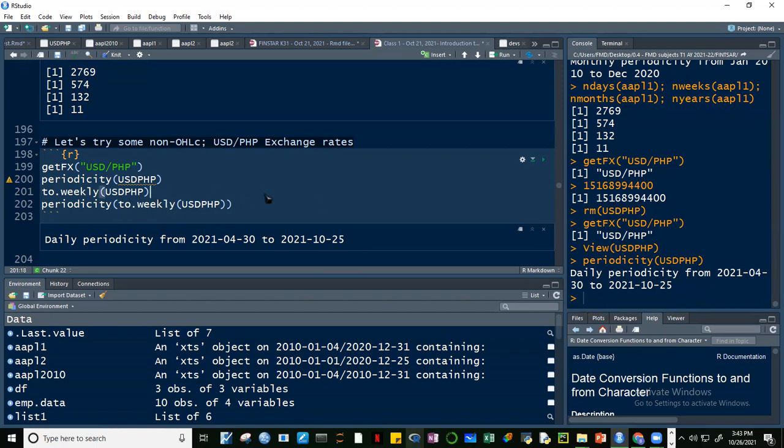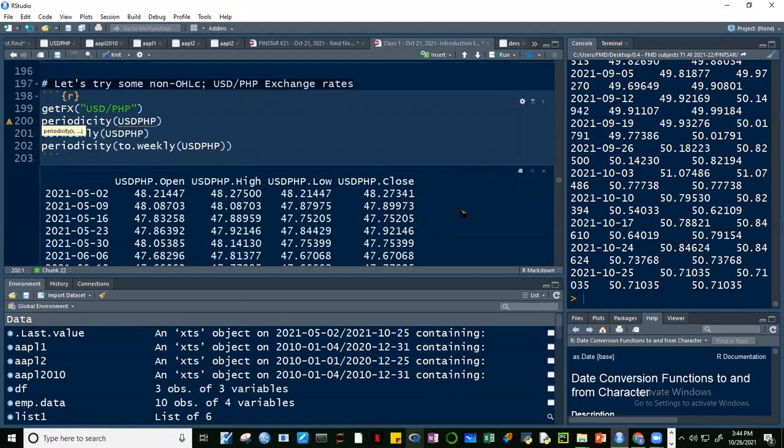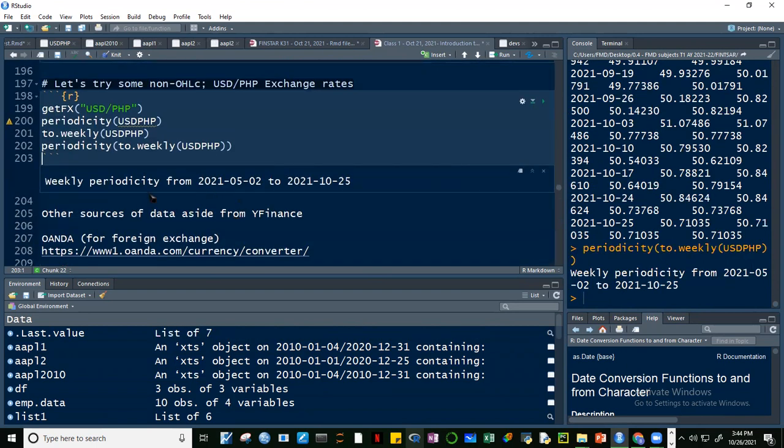And how about if we do this to weekly USD PHP? This one now became weekly FX rates, and the periodicity is now weekly, from May 2 up to October 25, 2021.